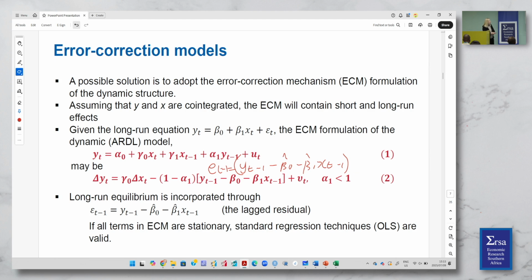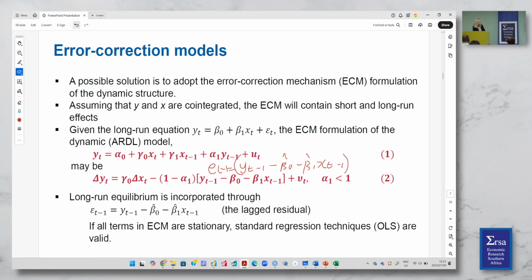So what other box do we tick? Every single component here is stationary, because this we've tested to find it I1, difference at once, then it's stationary. If we find that to be I1, difference at once, that is stationary, and that is basically the linear combination of the long run represented by the error term, and that will be stationary.